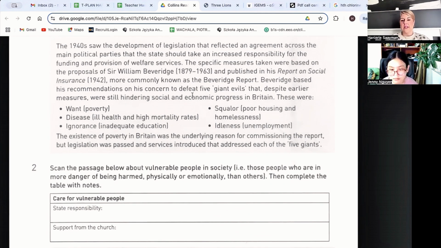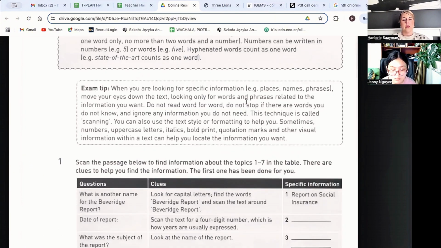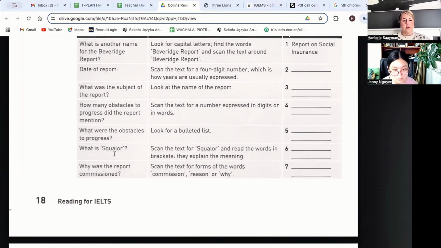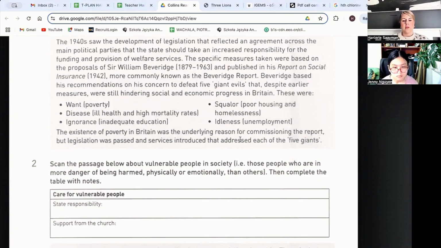So 5 giant evils. Okay, so those were the obstacles, because they wanted to defeat and overcome them. And what were the obstacles to progress? Can you remember those? Look for a bullet list. What is a bullet list? So this is a bullet. Okay.